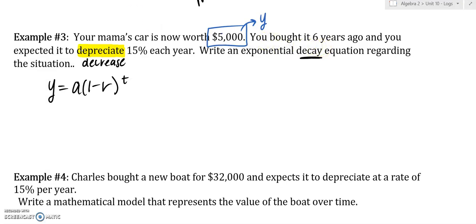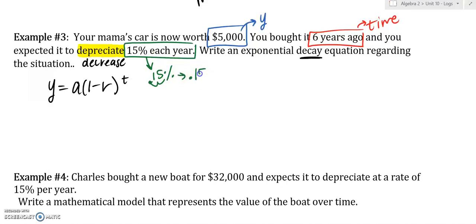You bought the car 6 years ago, so 6 years would be T, time. You're expecting it to depreciate, decrease, so decay at 15% each year. So I need to take that work, and I'm at 0.15 decreasing.